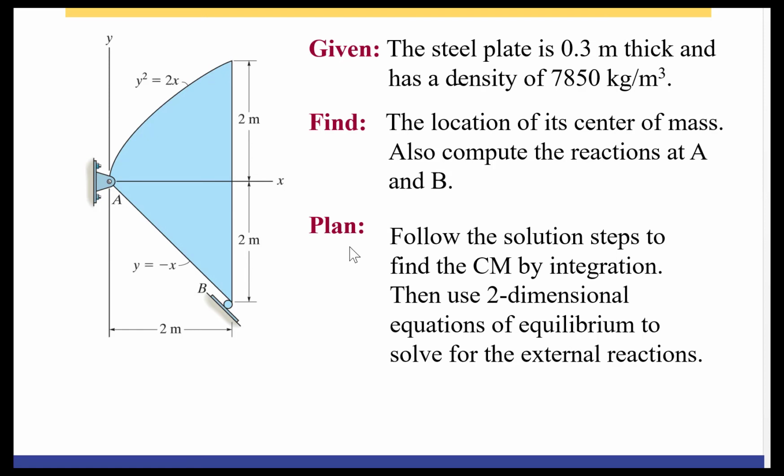Now, given this problem, as you see in the slide, this is a plate that has a thickness of 0.3 and a uniform density. We want to find the location of its center of mass, and also to calculate the reaction at A and B. So this object, as you can see, can be described by two pieces.